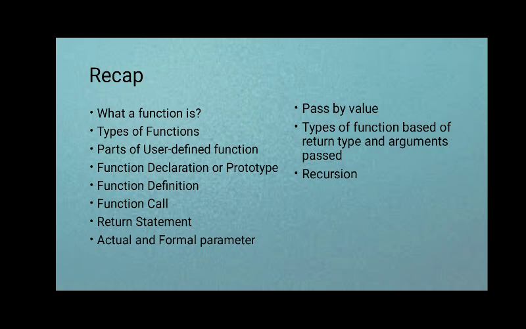Only the value of the actual parameters is passed on to the formal parameters. This process is called the pass by value method. The method of transferring data from one function to another by just sending a copy of the values is called the pass by value method.